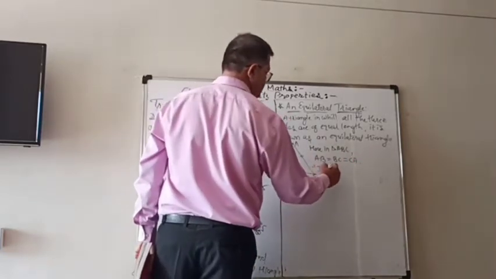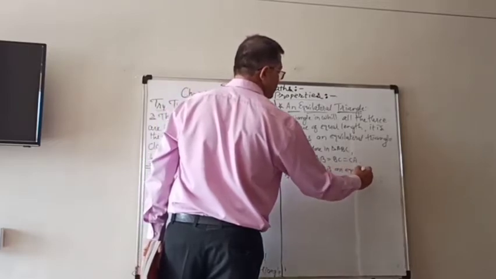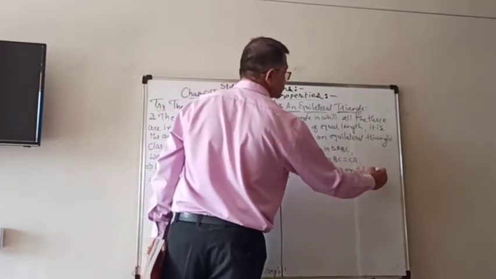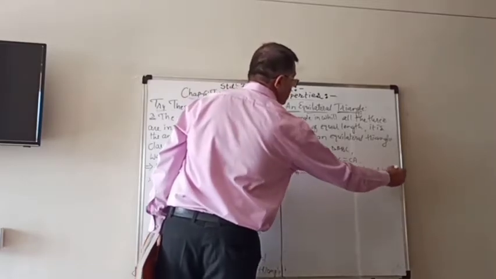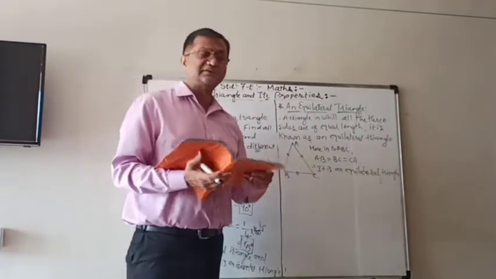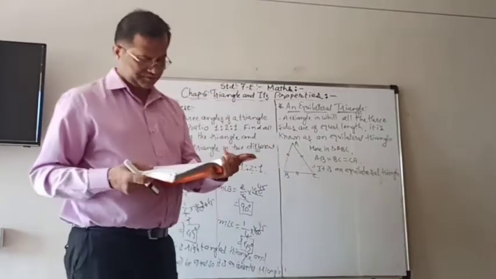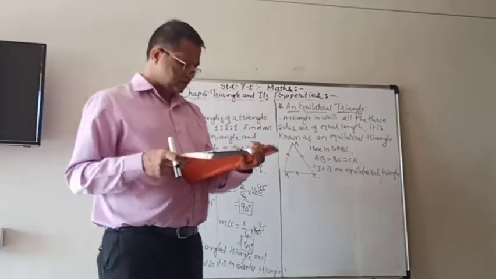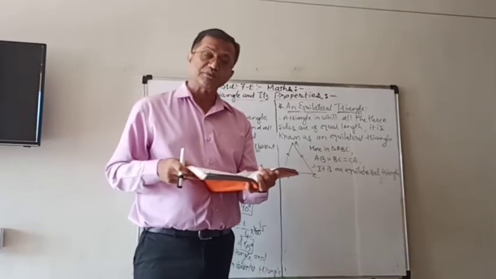Therefore, it is an equilateral triangle. So, in a triangle, if all the sides are of equal length, then that is known as an equilateral triangle.